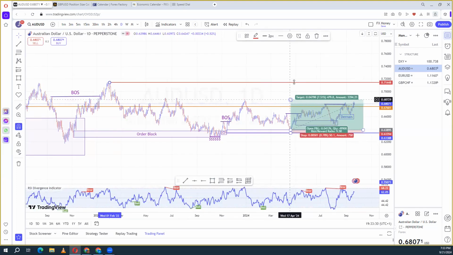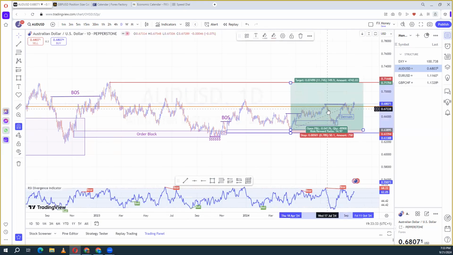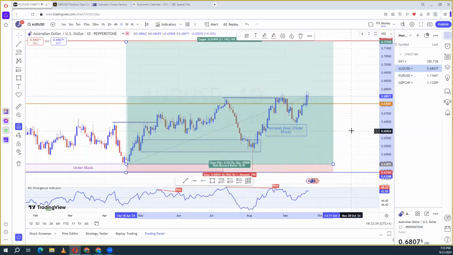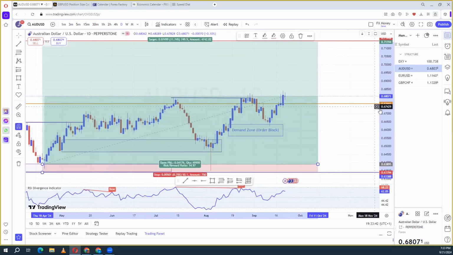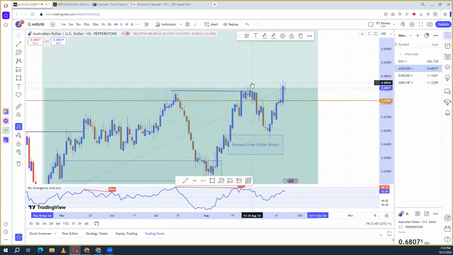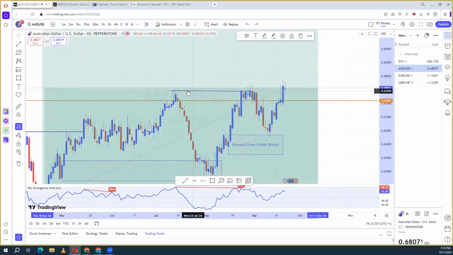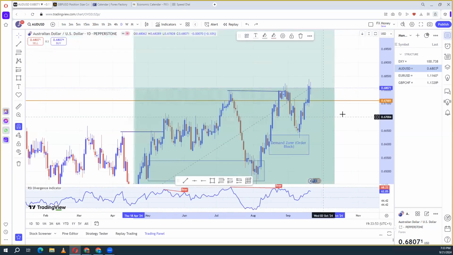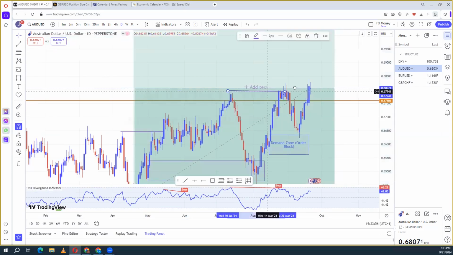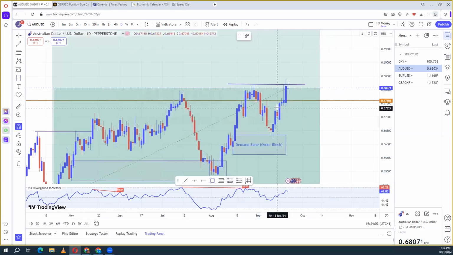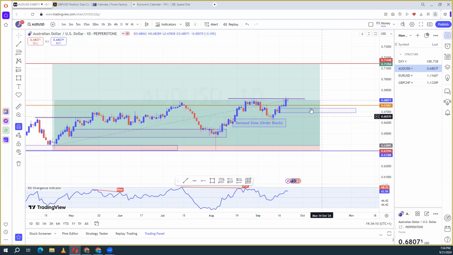So if you were able to find any good demand zone, like the question you asked, Mr. Harry, after this has completed its stop, it is going to break this high as well. So after breaking the high, we can look, if there is no news, to find another entry to join this trade right here.